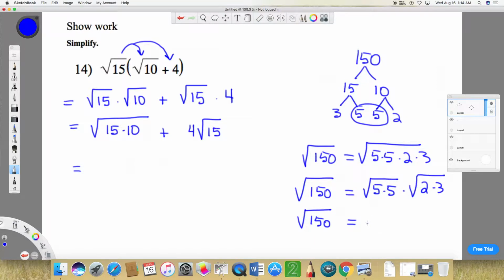The square root of 25 is 5. Whenever you have a square root, you're looking for pairs, and we found one. So we just write that one factor out there, that 5. Now, with the 2 and the 3, I don't have another 2 or another 3. I don't have a pair of 2s. I don't have a pair of 3s. What I can do is just leave this number 2 times 3 underneath the radical, and 2 times 3 is 6.